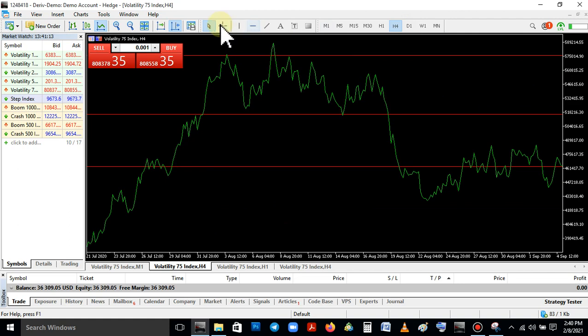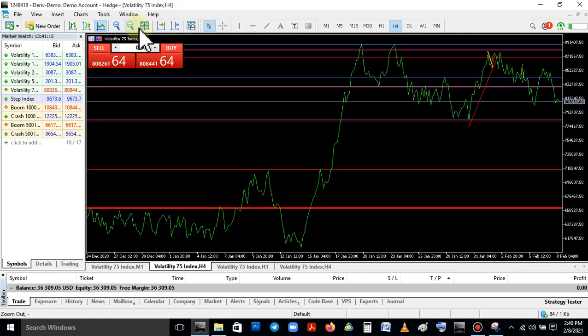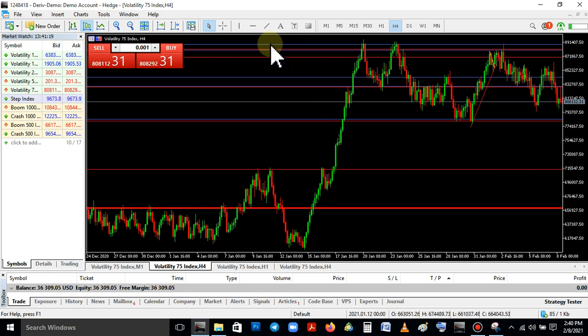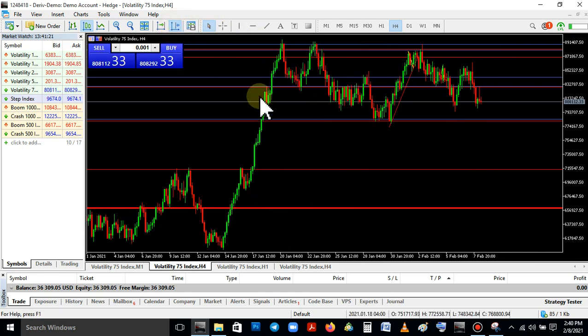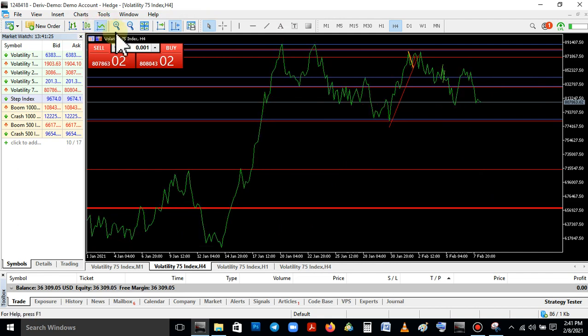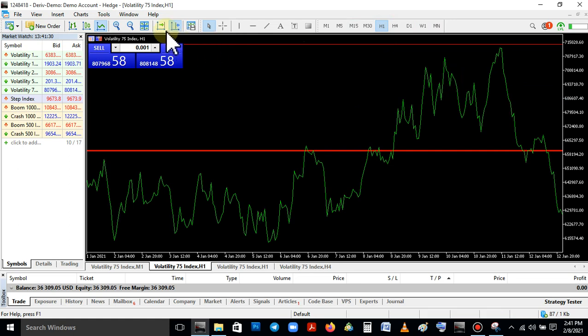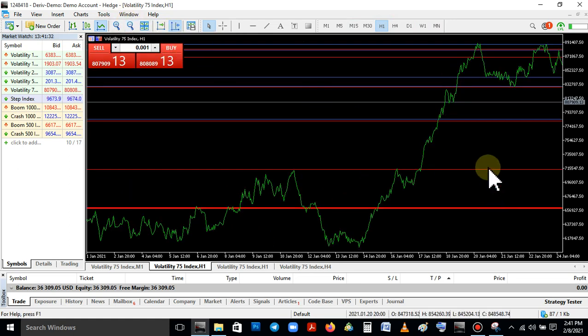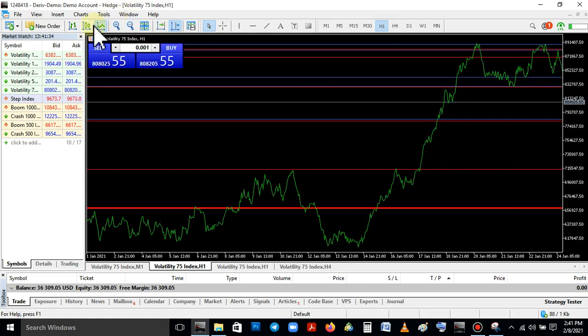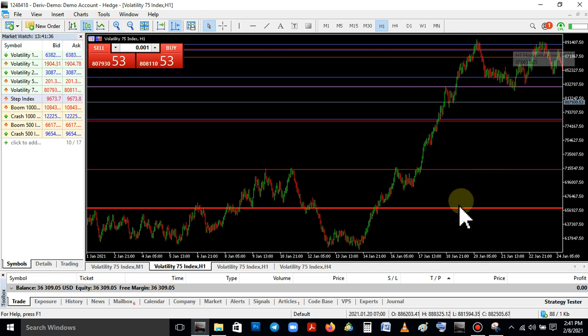Okay, go to H4, put it on candlestick, snap it. Okay, snap it like this. Then when you are done snapping, take it back to line, snap it again, then go to H1, same thing like that. Do it like that for me, and do it like that. When you are done doing that, you can now get me those pictures.